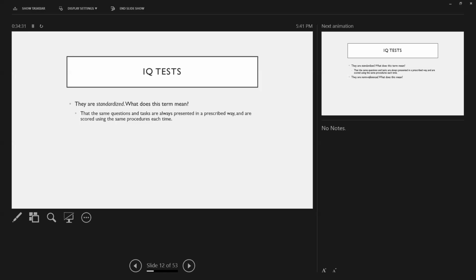What is trying to be avoided is the intrusion of factors unrelated to the knowledge the test is purported to tap into, that are going to contribute to error variance in the score.